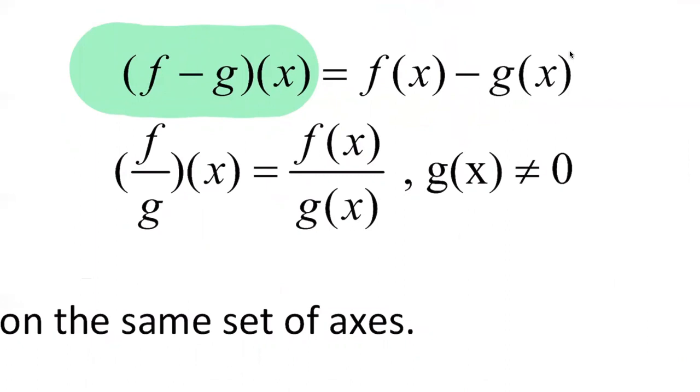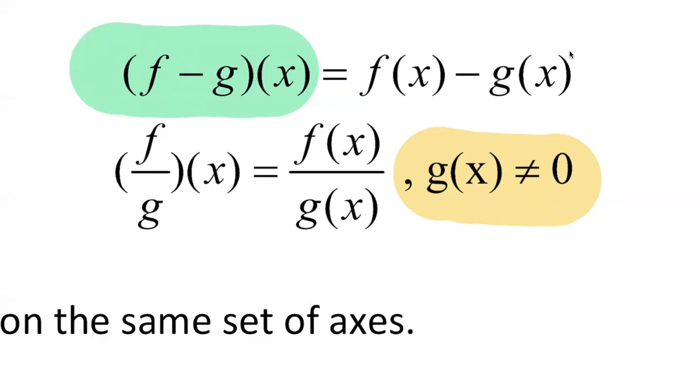Now, you may see that at the end of it, there's a little thing right here. It says g of x cannot equal 0. The reason why we have to write this kind of condition is because what you see is a fraction, and with a fraction, we clearly do not want the denominator to be 0.